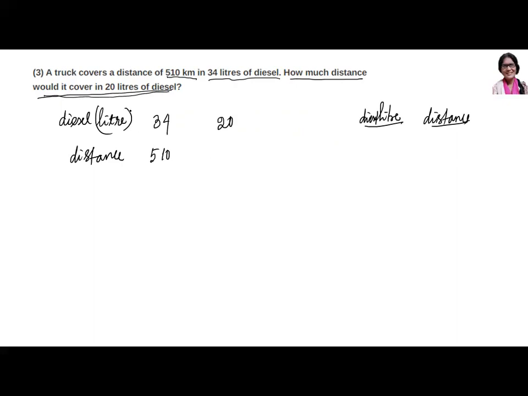The answer statement of the first line will be: let the distance covered be x kilometers. Then put x here. Then you know that the ratio remains constant. So the ratios will be equal. So 34 by 510 is equal to 20 by x.